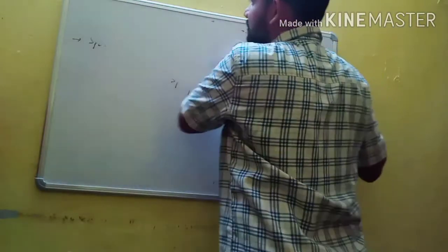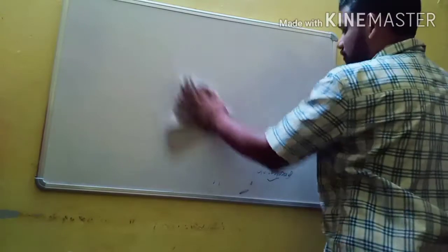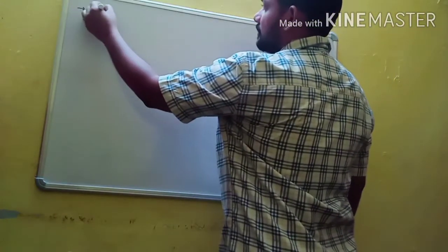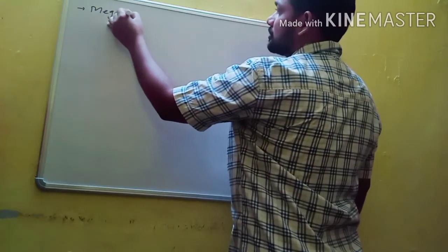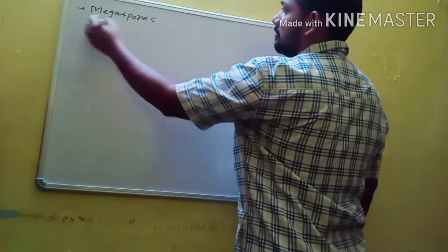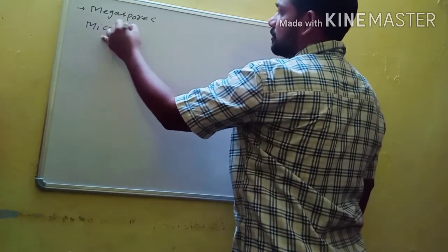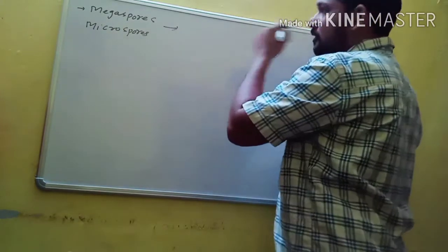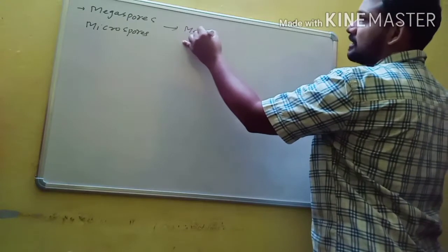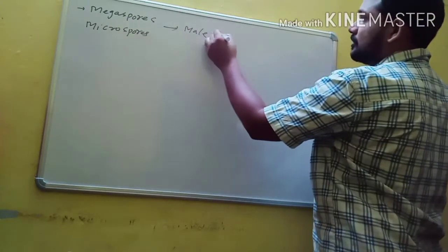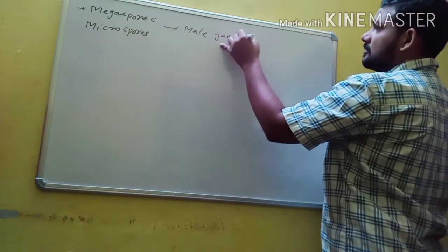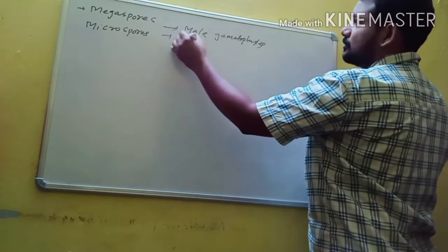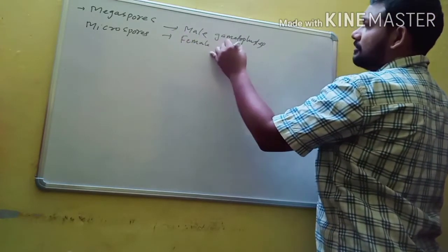These male and female spores germinate: microspores germinate to form male gametophyte, and megaspores germinate to form female gametophyte.